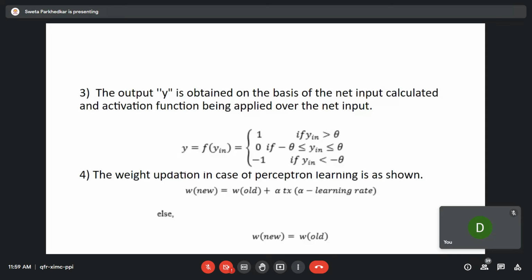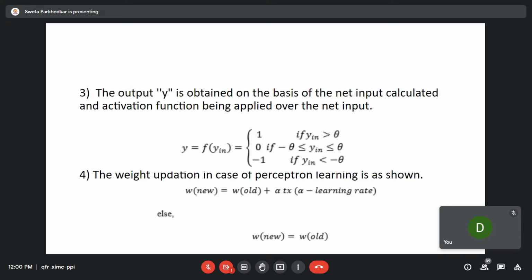All these things are given, alpha is constant and tx is the output or the net input. Now the weights can be initialized. We have W new equals W old. Suppose Y is not equal to T, then we use the W new, the first case.